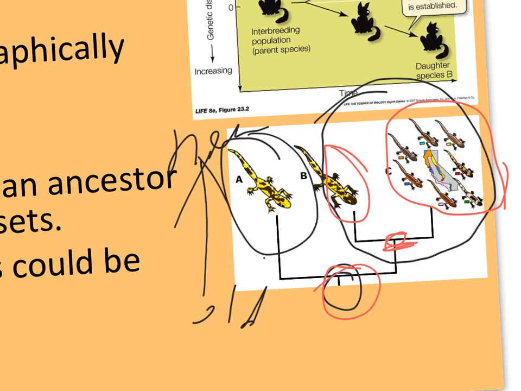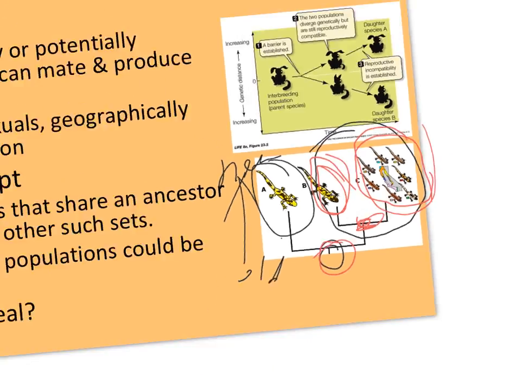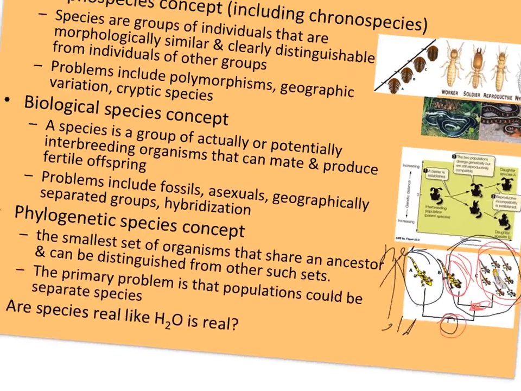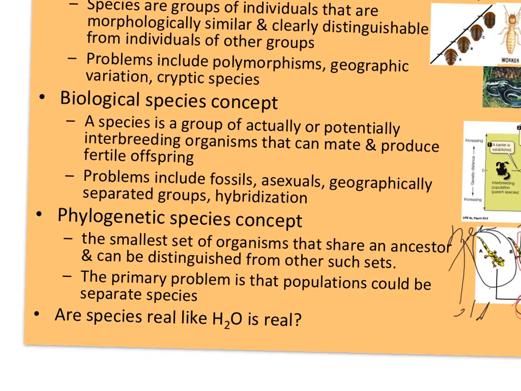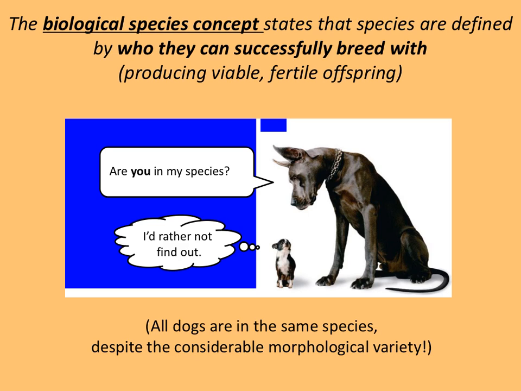But in terms of the phylogenetic species concept, we have a common ancestor, and then we have these descendant species, B and this C complex. Well, don't worry about the problems with this. It's more of a historical level.